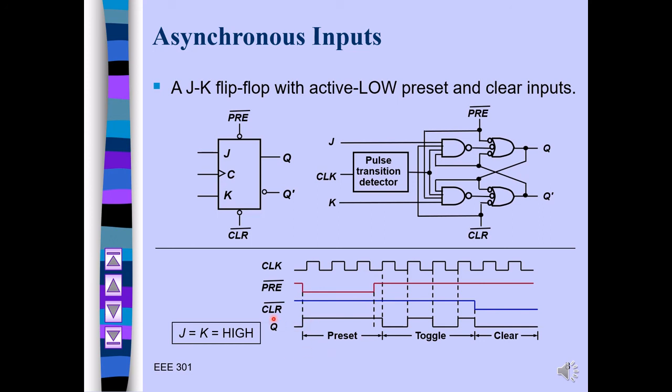When clear is low, the output will follow the clear, and within this region it will do the normal operation. If J and K are high, it will act as a toggle flip-flop. We will discuss this toggling of the values in the counter lecture.